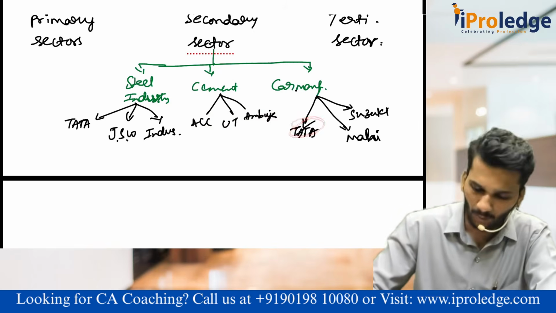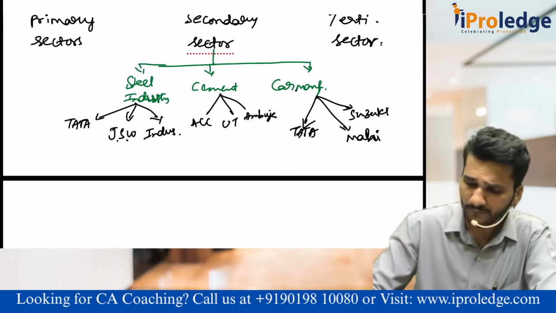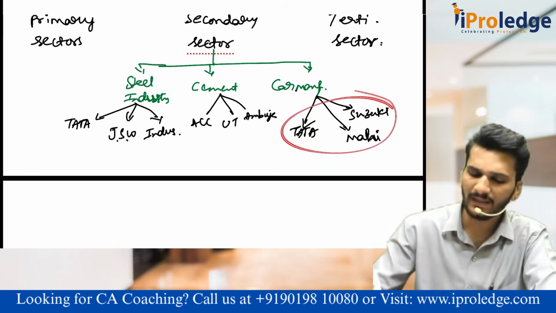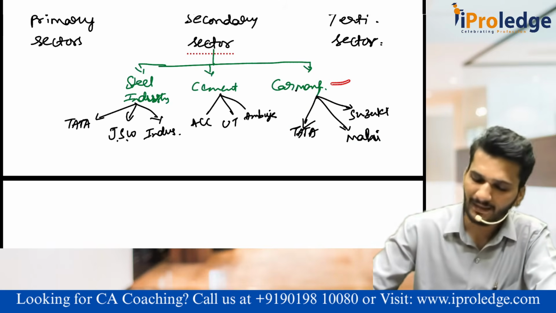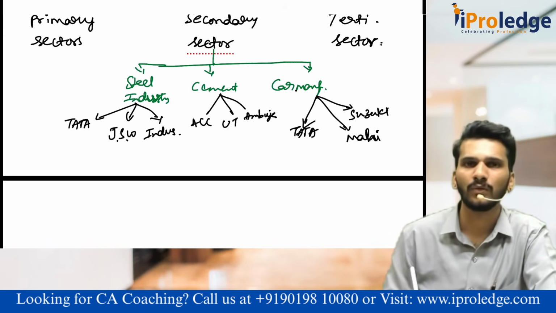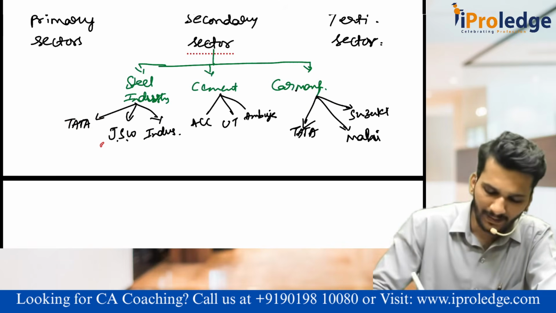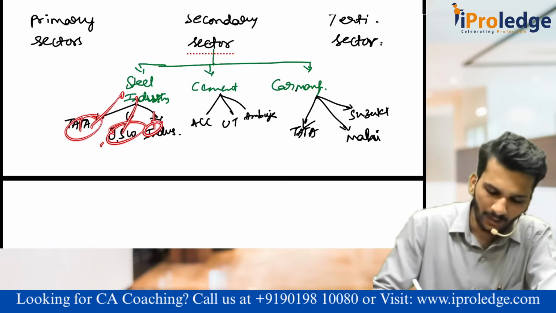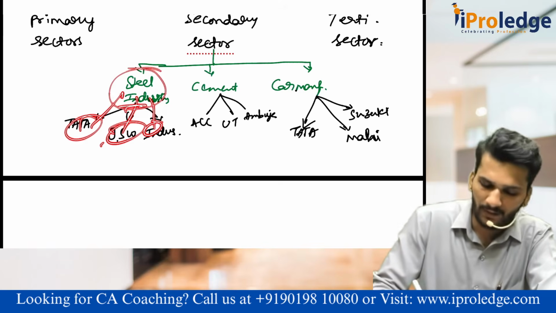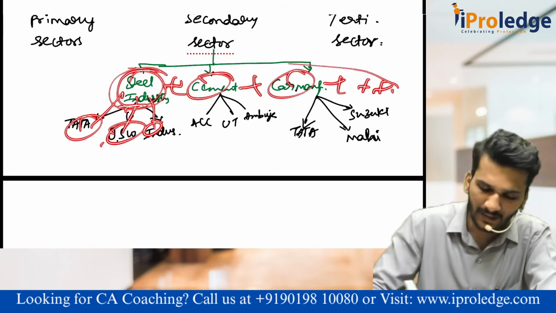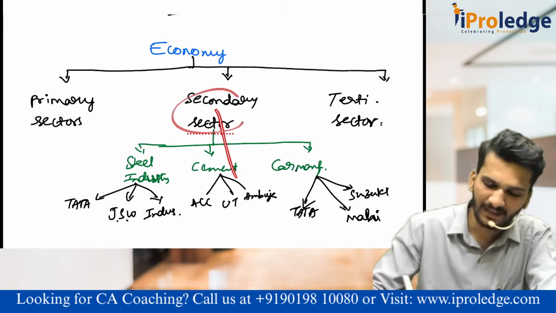Again, Tata Motors, Mahindra Motors, Suzuki, Hyundai. There are so many companies. If I total all these, won't I get car manufacturing? Likewise there are so many subsectors also. If I total these producing enterprises, I'll get the total of the steel industry. If I total the steel industry plus the cement industry plus car manufacturing plus other subsectors, won't I get the secondary sector total?